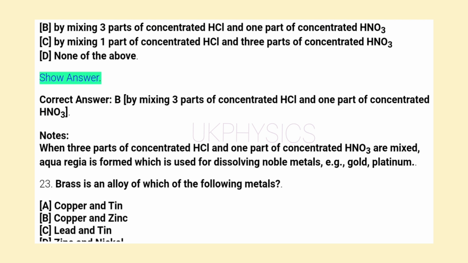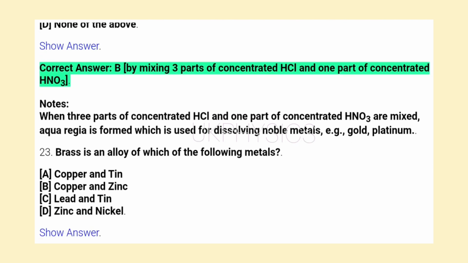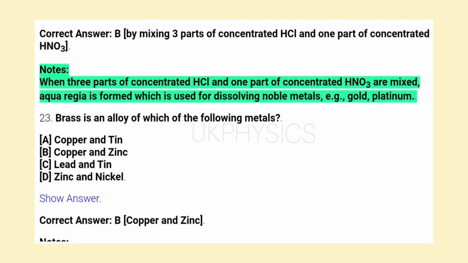Show answer. Correct answer, B. By mixing 3 parts of concentrated HCl and 1 part of concentrated HNO3. Notes: when 3 parts of concentrated HCl and 1 part of concentrated HNO3 are mixed, aqua regia is formed, which is used for dissolving noble metals, e.g., gold, platinum.